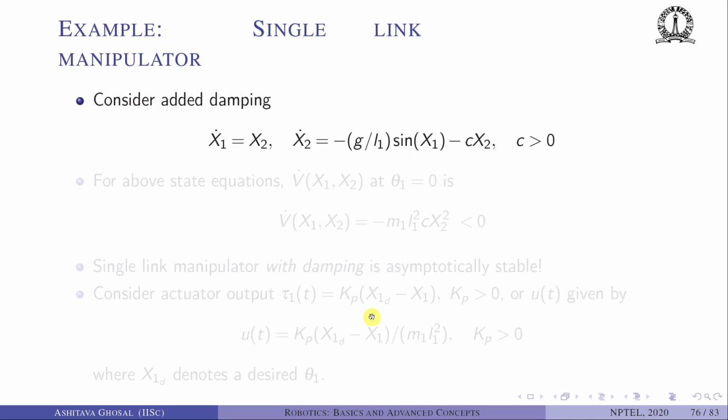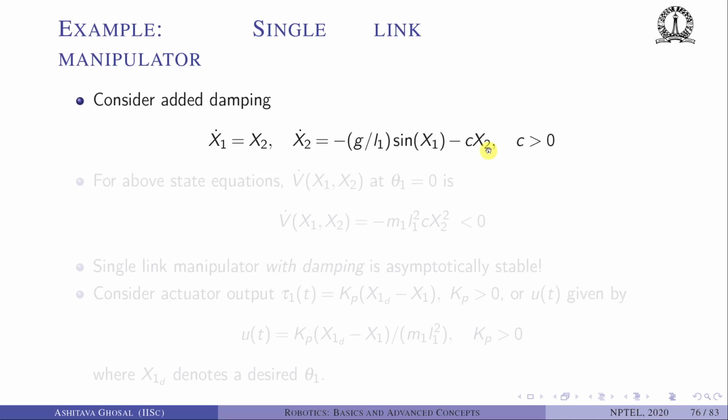Okay, now let's consider we add some damping at the joint. So basically we say that there is a damping which is like c theta dot, so which is like minus c x2. So now my state equations are x1 dot is x2 and x2 dot is g by L1 sine x1 minus c x2.